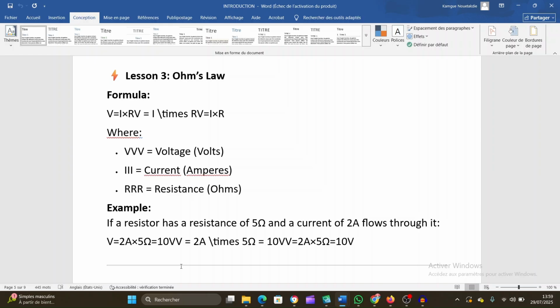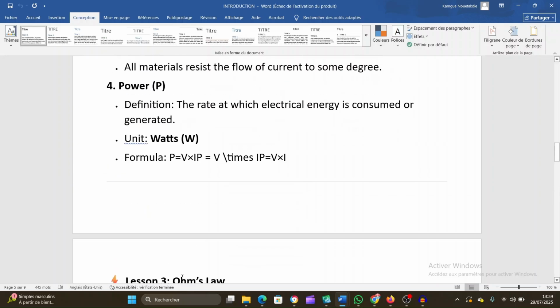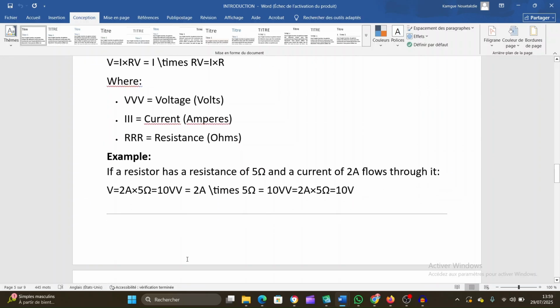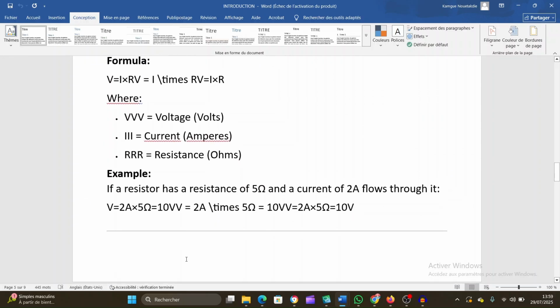As you see, V equals IR, where V is voltage, I is current, and R is resistance. And remember, the unit of voltage is volts, current is amps, and resistance is ohms.